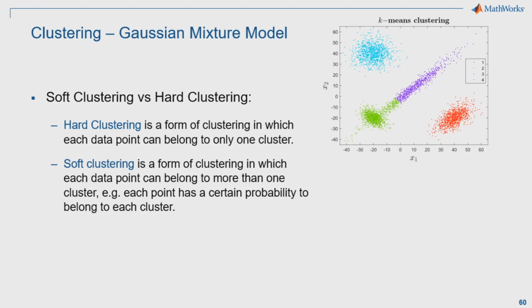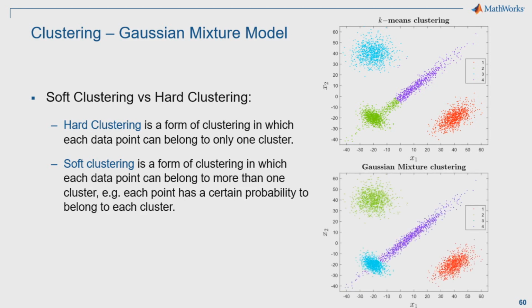You still maintain the possibility, or the probability, that this point can belong to all the other clusters. And this is very useful. In fact, from the same dataset, if you run a Gaussian mixture model, that is a kind of soft clustering algorithm, this is the result you would end up with.